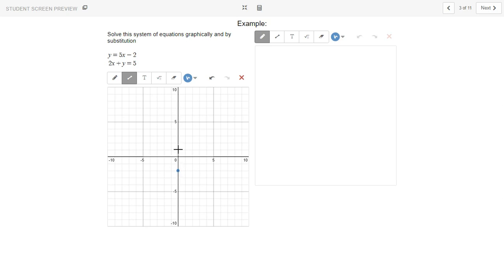So 1, 2, 3, 4, 5, run by 1, and up by 5 again, and run by 1. Okay, we have enough dots here for us to create our line.